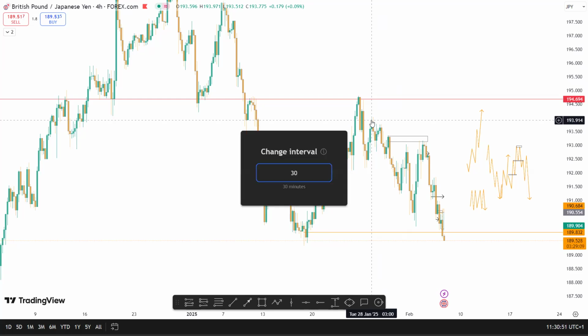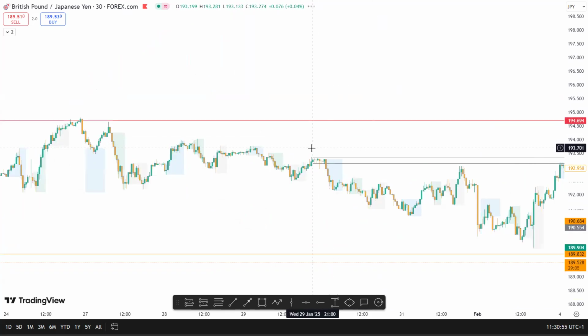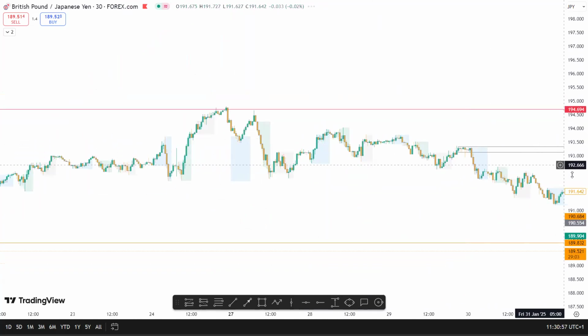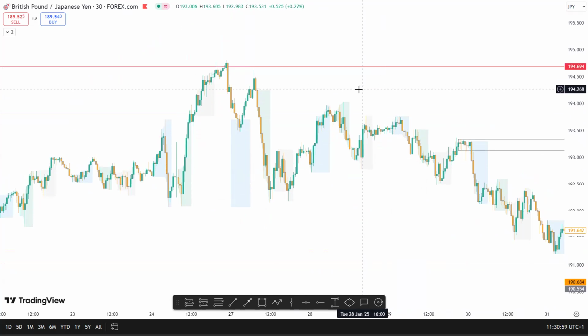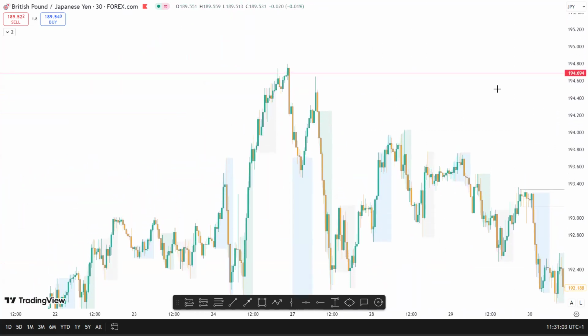Let's check 30 minutes first. Okay. So here, market tested it and then broke this structure, this low on the 30 minutes.